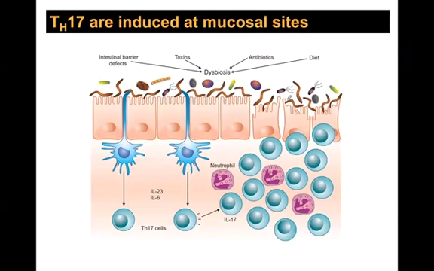Okay, so when you're thinking about Th17 cells, they're really in your mucosal associated lymphoid tissues, primarily gut-associated lymphoid tissue and bronchus-associated lymphoid tissue, and their job really is to sit there and direct any B cells to make IgA.